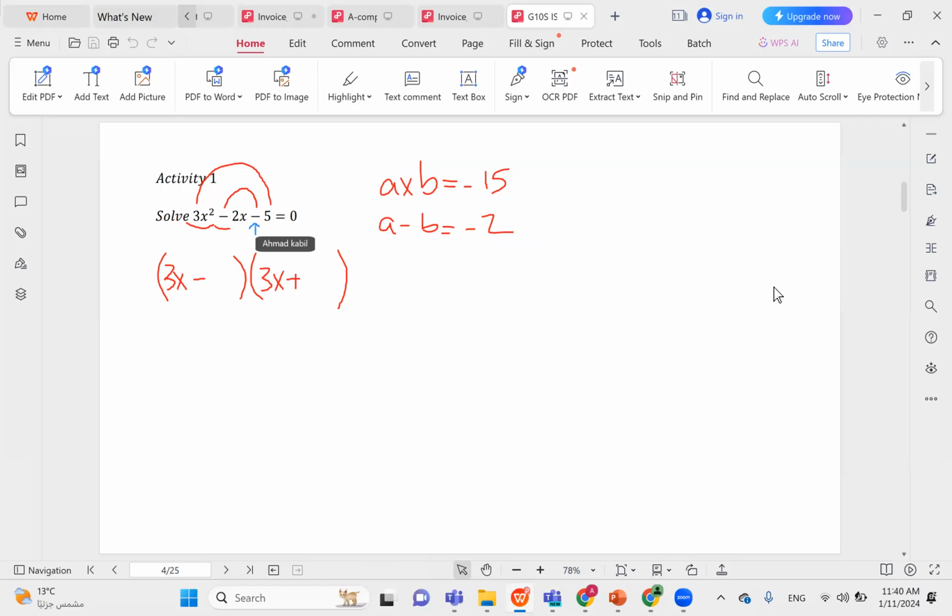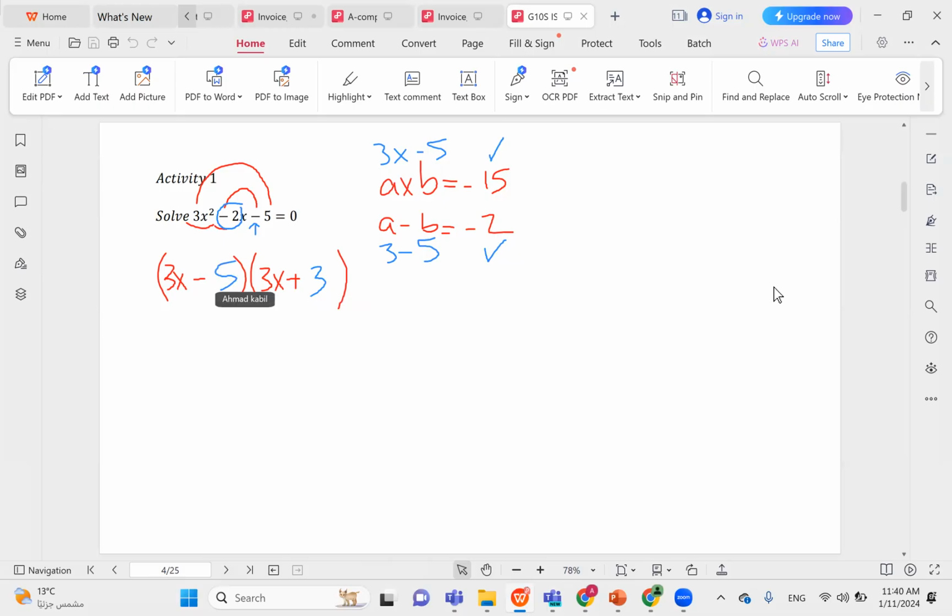So what are two numbers which multiplied together would give us -15, and whose difference is -2? The correct answer would be 3 and -5, because 3 multiplied by -5 gives us -15, and 3 minus 5 gives us -2. So we have +3 and -5.